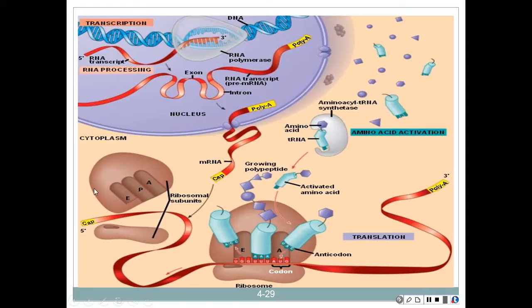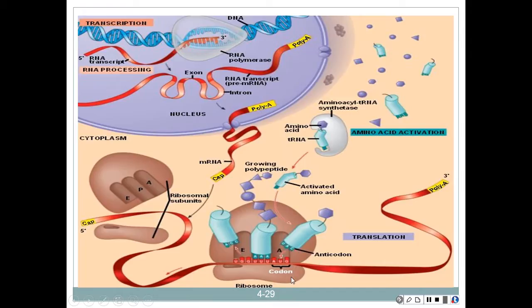So here's your large subunit, and here's your small subunit. When they come together, they're going to form 3 pockets: site A, site P, and site E, where the tRNA binds.